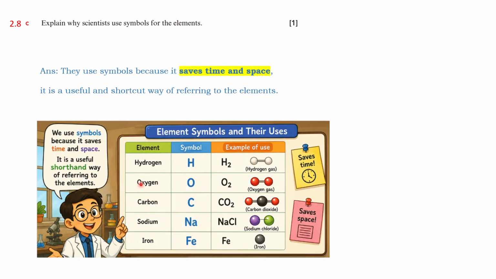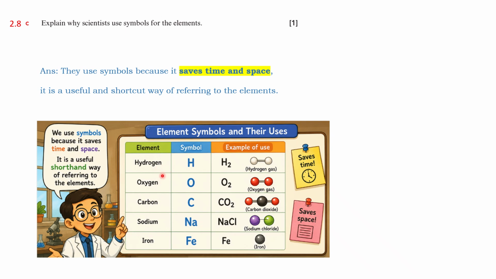The next question is explain why scientists use symbols for the elements. Imagine that in the periodic table, instead of the symbols, the whole name of each element was written. Then it becomes very difficult to fit their full names into that small space.